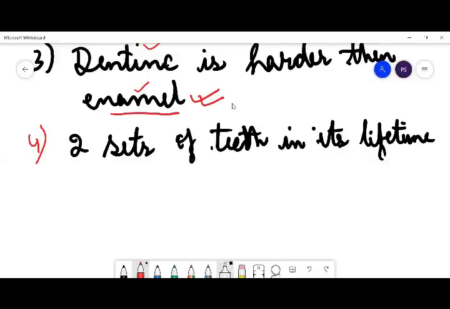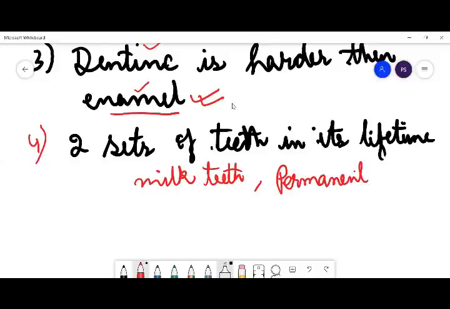I hope all are giving the right answer because all know it. Milk teeth, also known as temporary teeth, and the other one is permanent teeth.